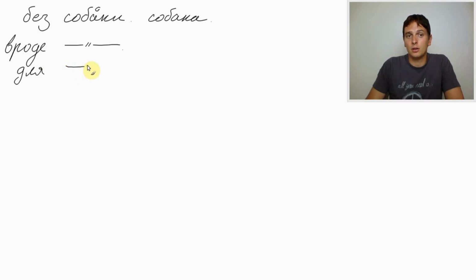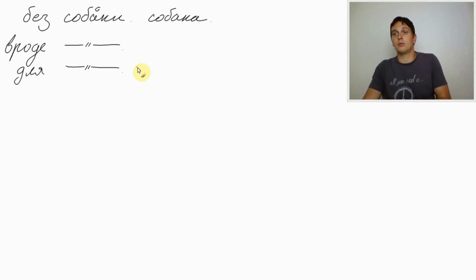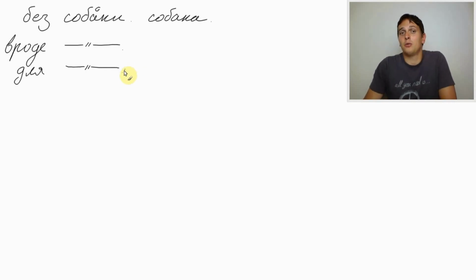For the dog. Or for a dog. Actually, in the Russian language, we do not have articles. And if we rip sentences out of their meaning, so we don't have a particular context, I cannot really tell if it's a dog or the dog. Since we are not meaning any particular dog, для собаки would be for a dog.